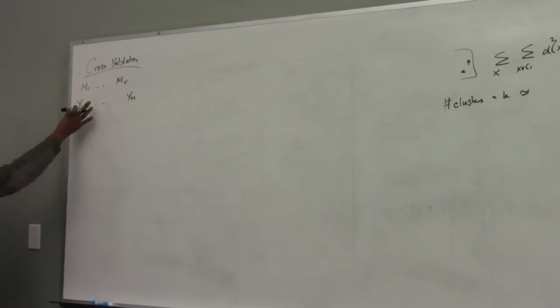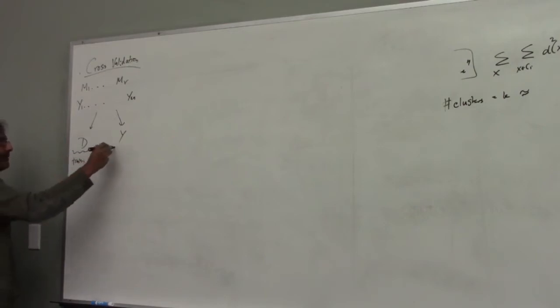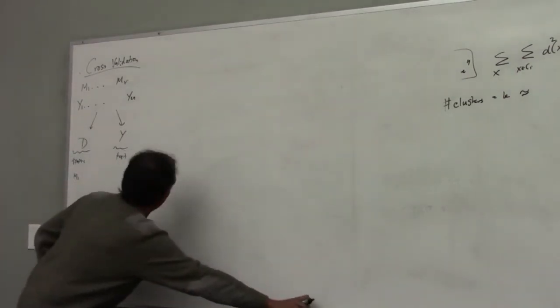Take any of them at random, and we'll call this D, and we'll call the rest the other half. This will be my training data. This will be my test data. With your training data, you find the best model parameters for each model. So you have models M1, and let's say I'm using K1 for the parameter.